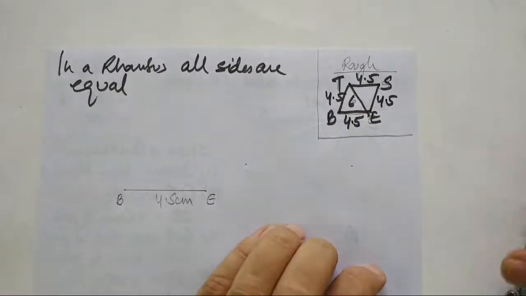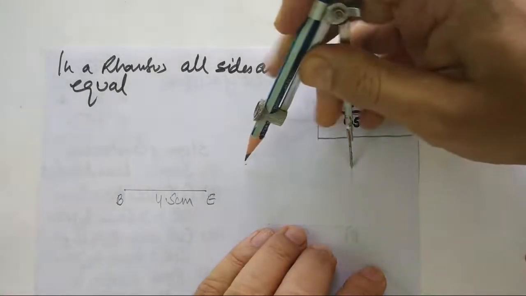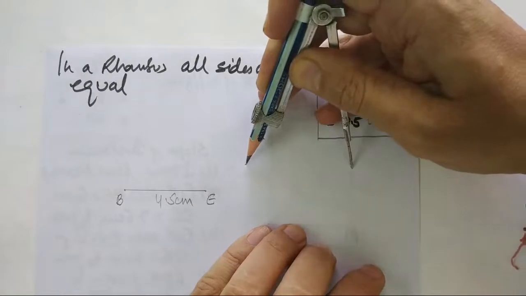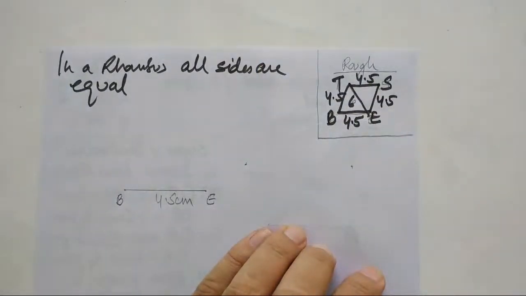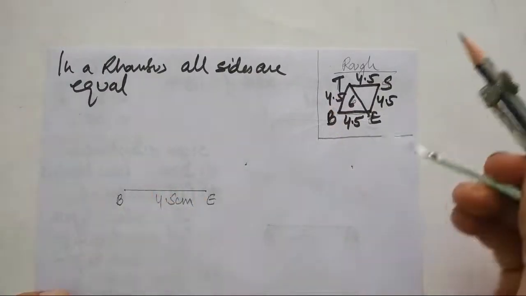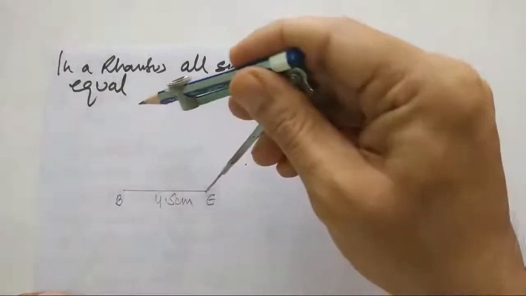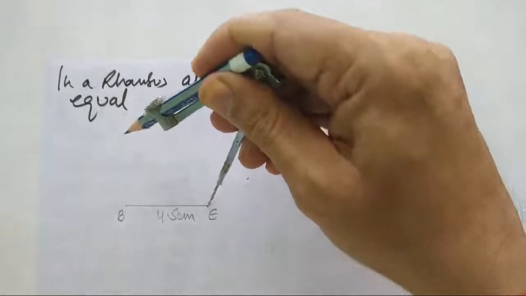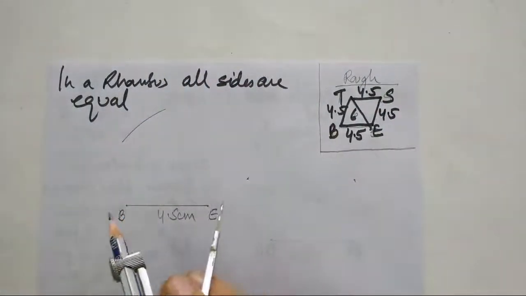After marking these 2 points, you will put the compass and connect it at the 2 points. Now this length 6 is held with the compass. So using the compass you will cut the arc of 6 centimeters, and the next length is 4.5.